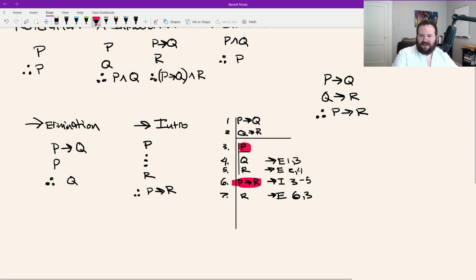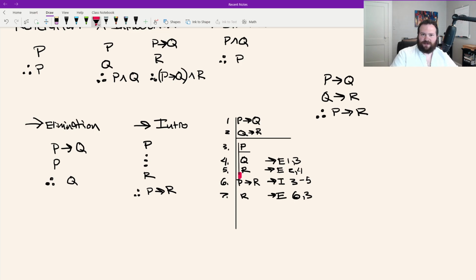Well, it's because P, this P, is assumed, and I'm no longer under that assumption, which means I no longer am entitled to that information. See, now that I've left this vertical bar, I'm to the left of it. I cannot refer back to it, okay?